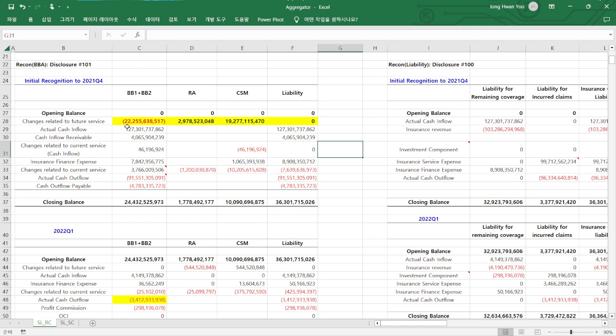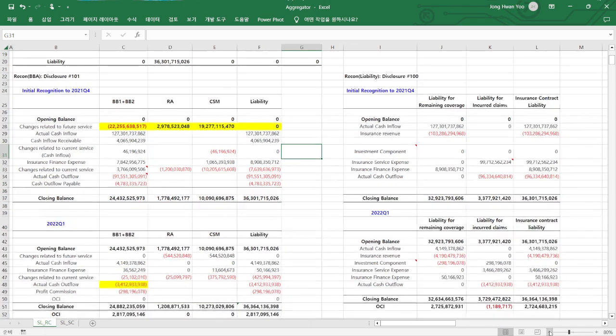And then in the exhibit, it says opening balance for each building block. And here is the liability for remaining coverage, which is LRC, and liability for incurred claims, and insurance liability, and so on. So it is exactly the same as the illustrative examples in the booklet.